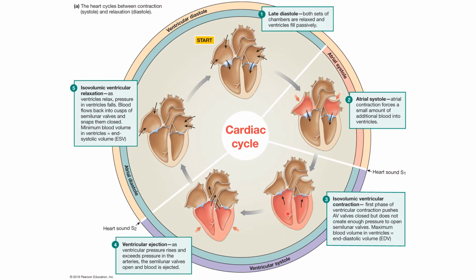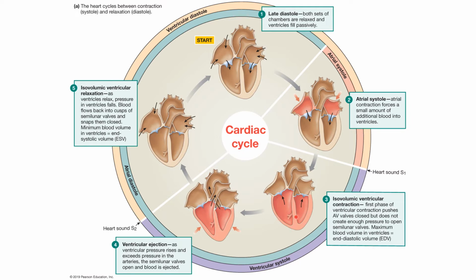Now, since this blood right here in this isovolumic contraction state is not going anywhere, and it's the maximum amount of blood that the ventricles would receive, because again, all the valves are closed, we refer to that as the end diastolic volume.